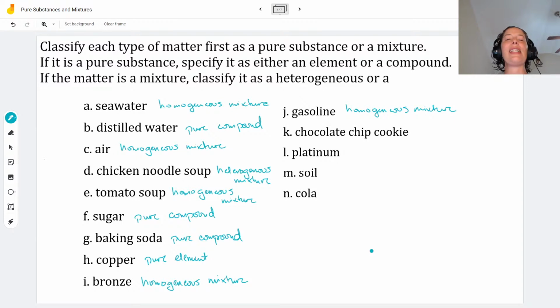So it's definitely a mixture of various ingredients. Now we have to think about, is it a heterogeneous mixture or a homogeneous mixture? Well, hopefully your chocolate chips remained intact, right? And you didn't just make chocolate cookies, but chocolate chip cookies. And that would be a heterogeneous mixture. A very delicious heterogeneous mixture.